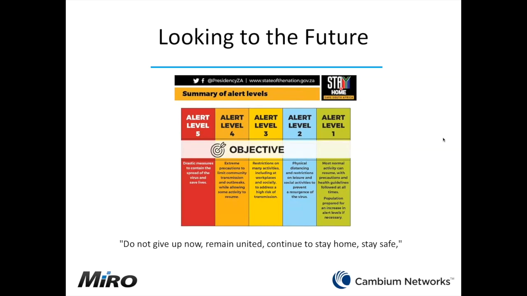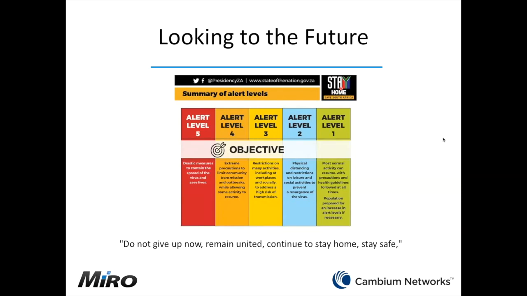So looking into the future, if you guys watched the address last night, you'll know that we're going to be rolling out a 5-level strategy. We've got everything from 5, which is your most drastic measures, a full lockdown, to 4 when they start to ease up and support a few more essential services, all the way down to 1, which is the lowest level that we have, where normal activity will resume, but there'll still be a number of health guidelines that need to be abided with and followed.